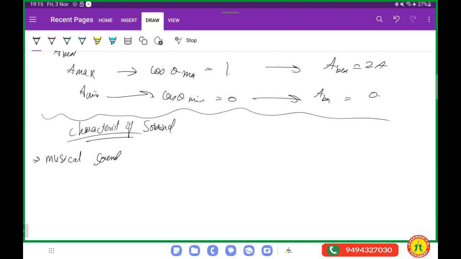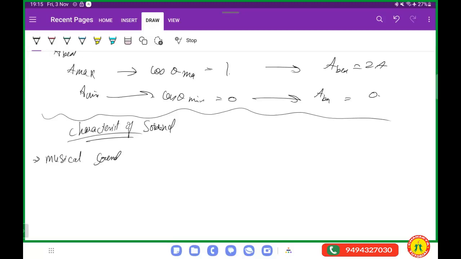And what do you call noise? Unpleasant sound. So musical sound means which is good. How do we know which is good and which is bad? By diagrams we cannot know, because all the waves are waves only.